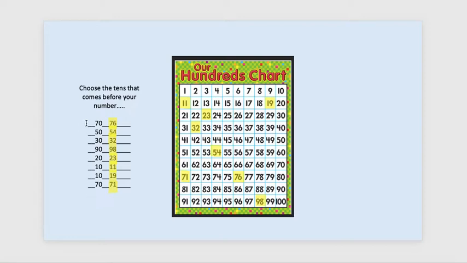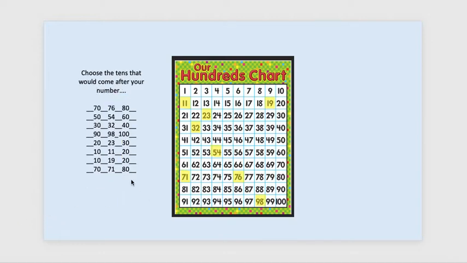So before 76, you'd have a 70. Before 54, the previous 10 would be a 50, and all the way down. And then here, I put the tens that would come after. Is this what you said?